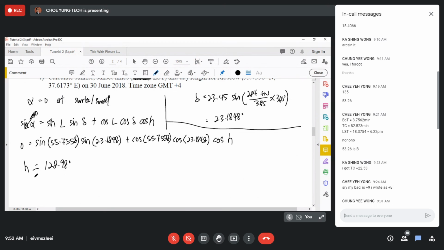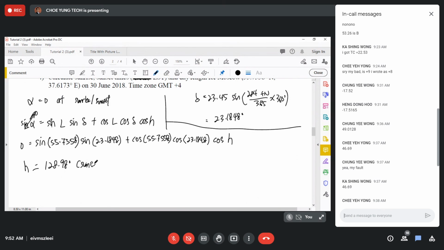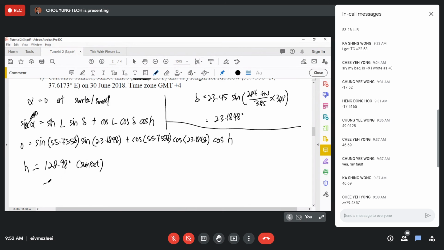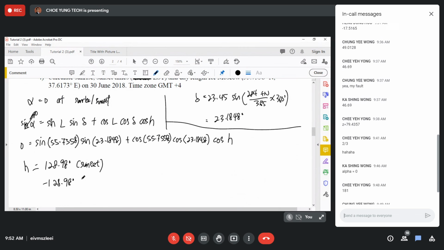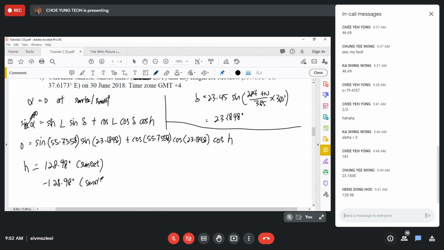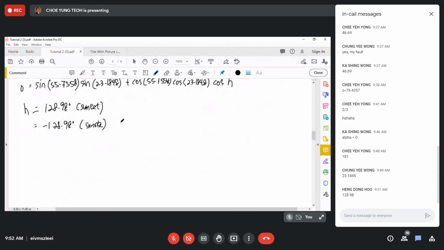Of course, I know that the positive value refers to the sunset. And you should have another one, a negative value, but exactly the same value, which refers to the sunrise. So now you need to calculate the sunrise and sunset time. Okay, so LST sunrise.